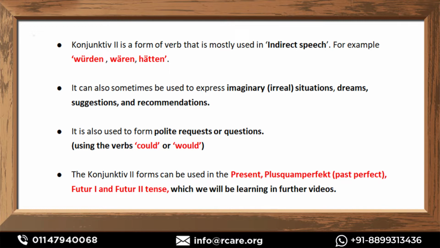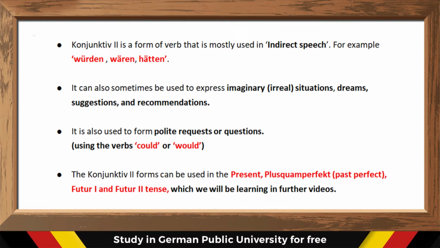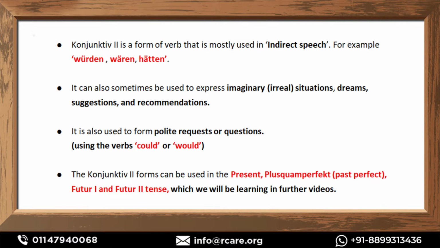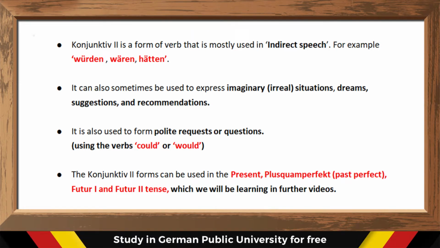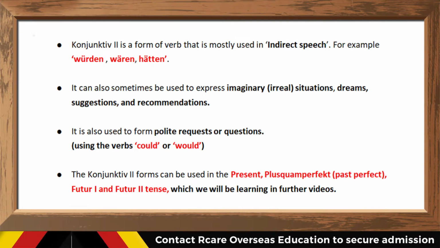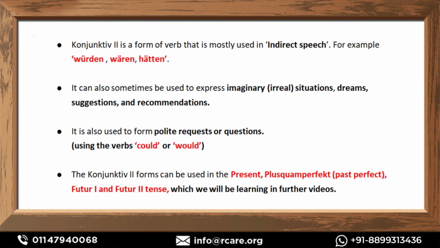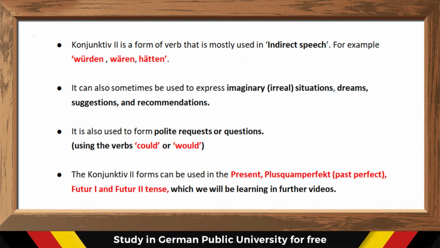Could you give me a glass of water? Or would you do this for me? So these are polite requests. These are the words which we use in German as Konjunktiv II. Now these can be used in present, past, perfect and future tense as well. But we'll be learning that in further videos, and in this video we'll be only learning the present tense.